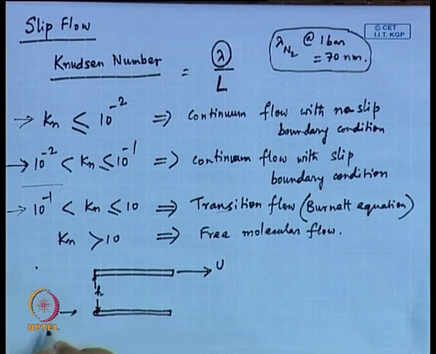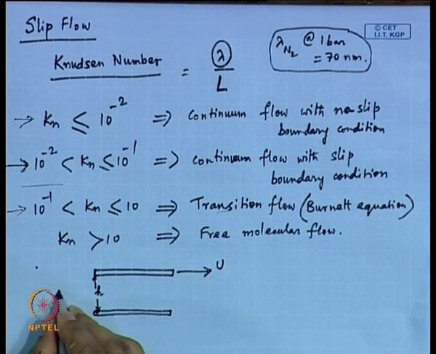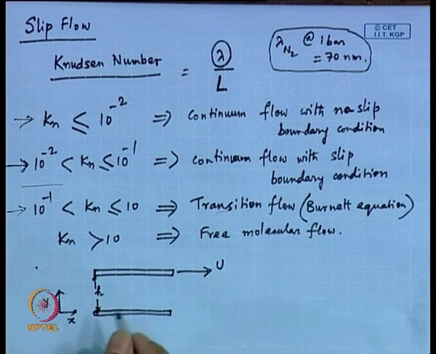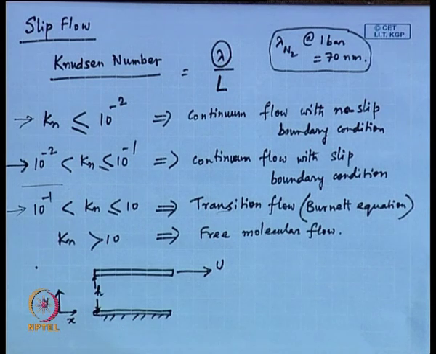Your system of coordinates is, this is x, this is y, and perpendicular to the paper it is z. This is fixed and this is moving. This you have studied for the definition of viscosity, right?